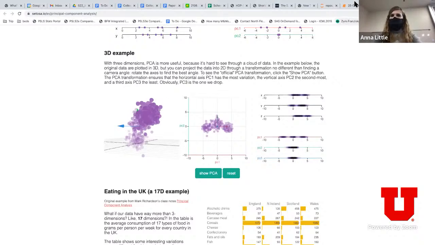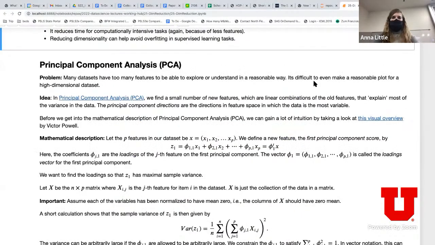Okay, so that's the idea of what we are trying to do. We want to find features that are good in the sense that they account for a lot of the variance in the data. So how do we describe that mathematically?